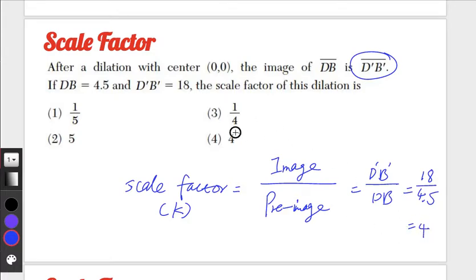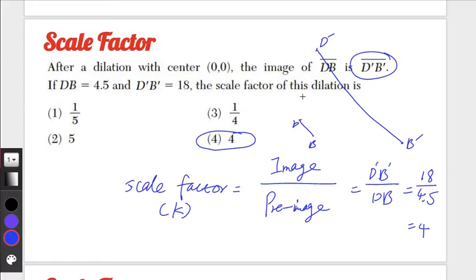You can use a calculator or mental math, and you will get the answer. This is pretty straightforward. You can just imagine this graph, probably this is 4.5, this is DB, and then D prime B prime is going to be a very long one, and the scale factor is always image over pre-image, which determines how big or how small.